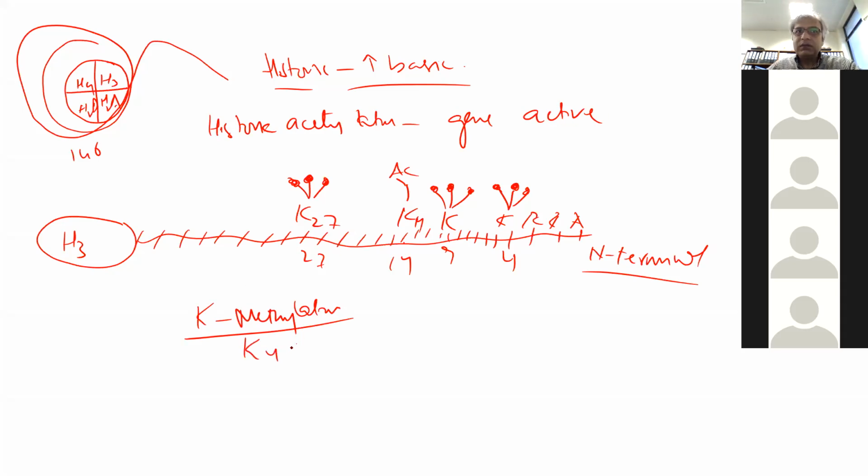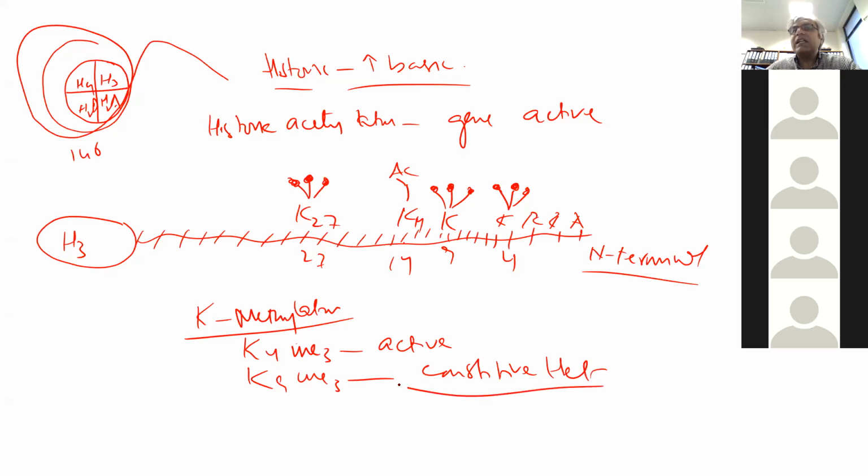K4 trimethylation correlates with active genes. Genes are being transcribed. K9 trimethylation correlates with constitutive heterochromatin, which never gets transcribed. Constitutive means it's a gene poor region. Very few genes are there, but if genes are there, they are permanently switched off.